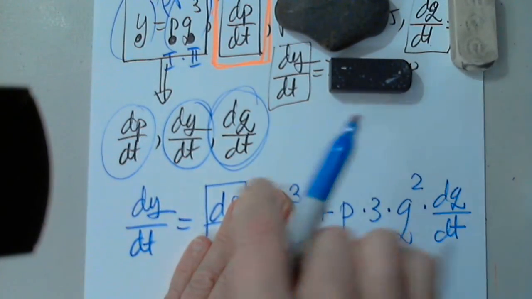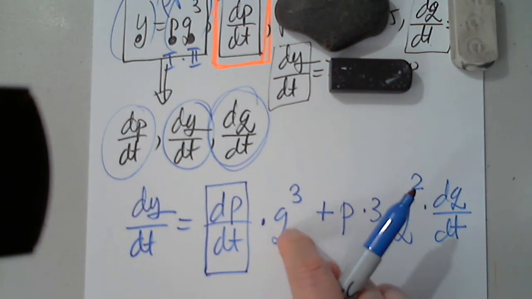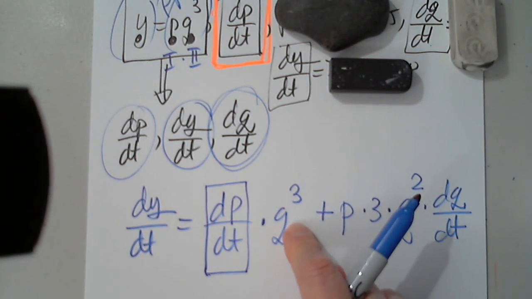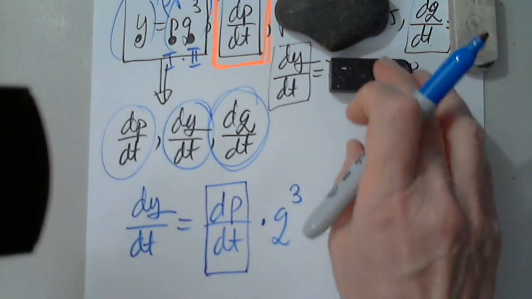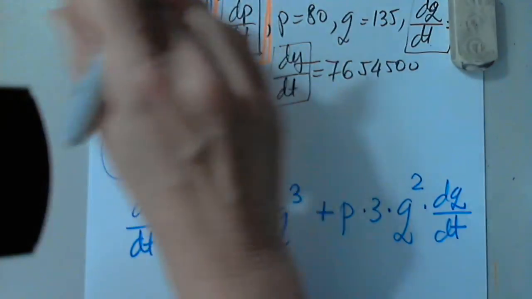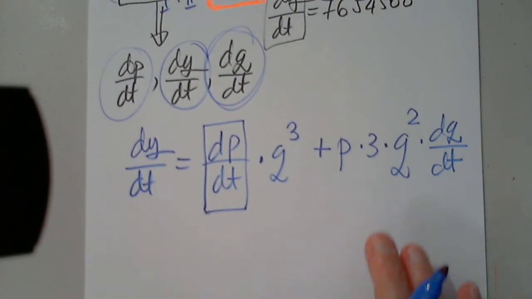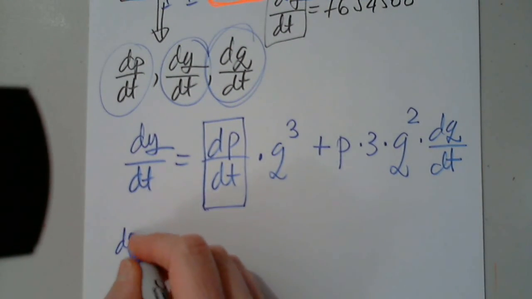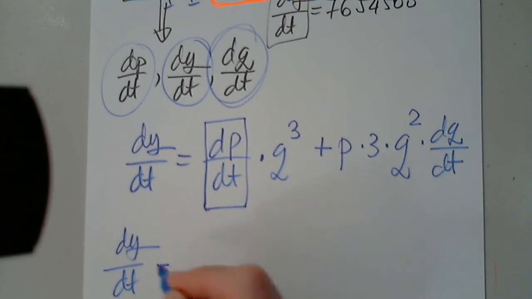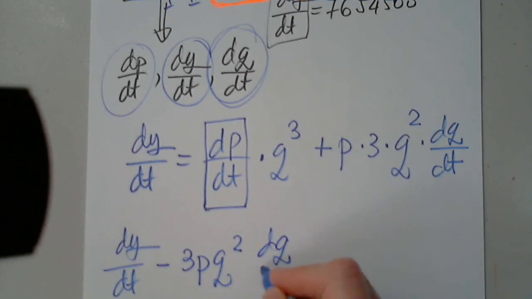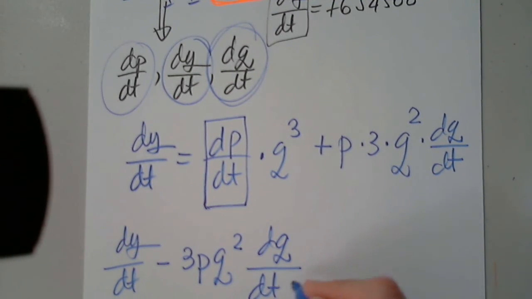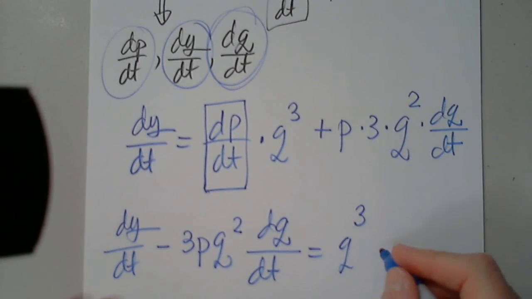This will be simplified and moved to the other side, and I will divide by q cubed, because this is my variable. Nothing else matters. This is all algebra now. So I move this to the other side: dy over dt minus 3 p q squared dq over dt equals q to the third times this.